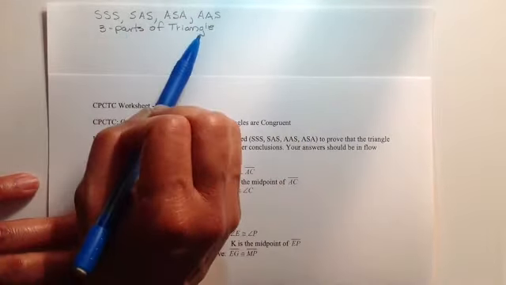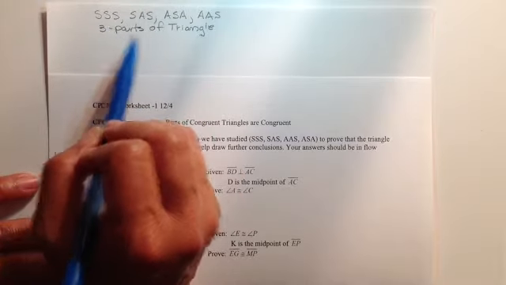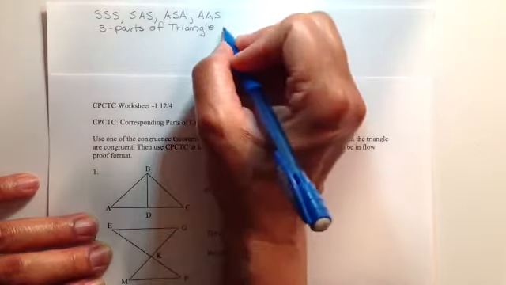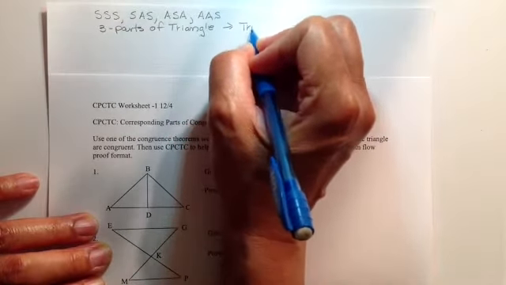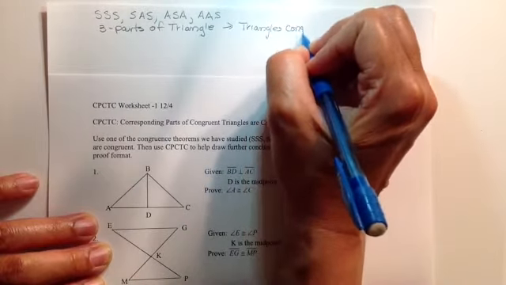And once we prove that 3 parts of the triangle in some combination of angles and sides are congruent, we can say that the triangles we're talking about are actually congruent.